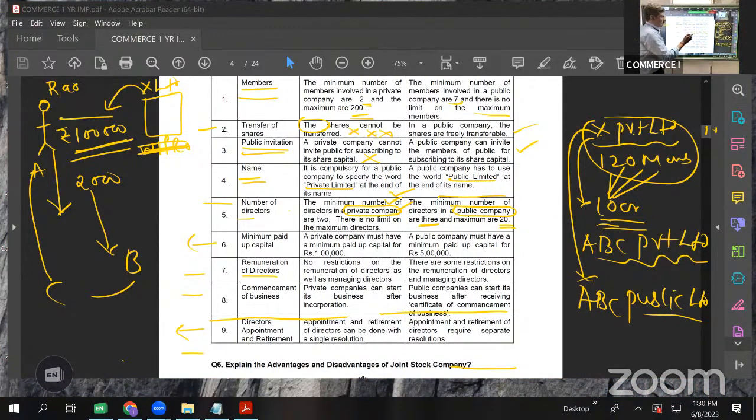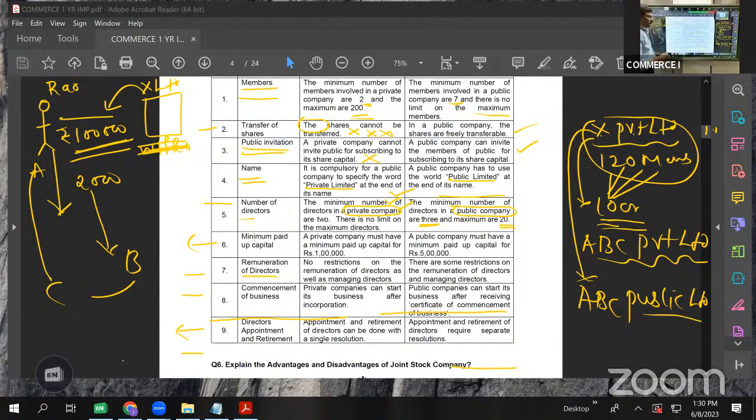See, there are limited members and public money is not at stake. Public money is not at stake; 200 members contribute and run the company, some of them become directors, and whatever salary they take, it is not going to affect the general public. But in a public limited company, the money of the common people is at stake, because the general public will subscribe to the shares of a public limited company.